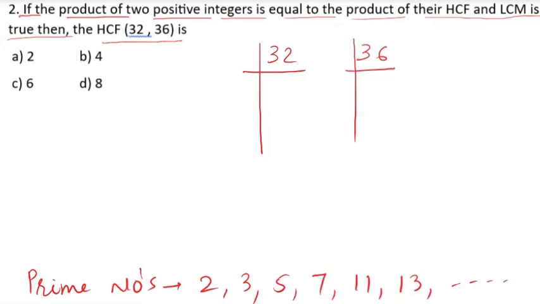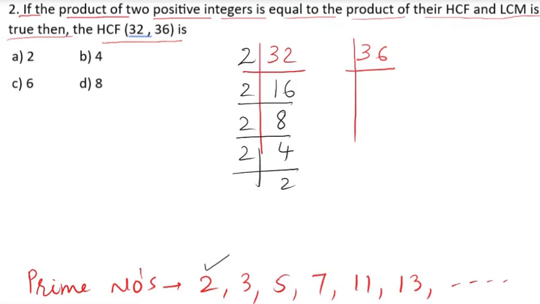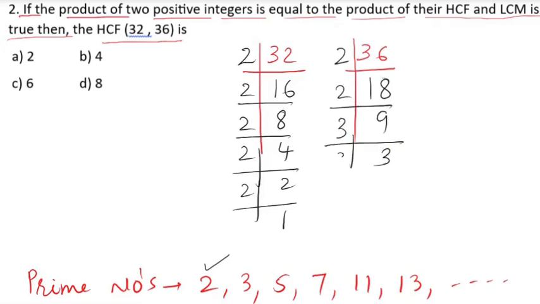Here I am taking 2 first. 16 times 2 is 32, 8 twos are 16, 4 twos are 8, 2 twos are 4, then 2 ones are 2. Here, 2 eighteens are 36, 2 nines are 18, 3 threes are 9 and 3 ones are 3.